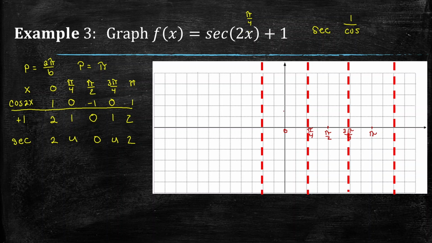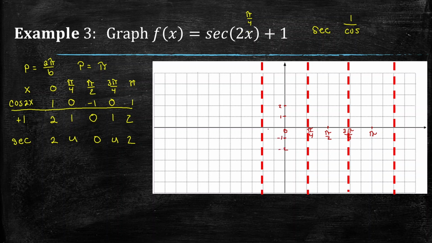Okay. So at 0, we already decided my cosine function is 2. So let's do this as 2 here. Well, this is 1, and this is 2. And then -1 and -2.